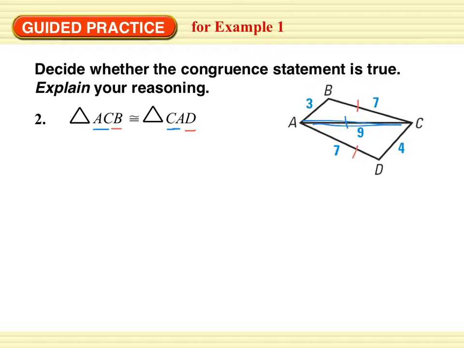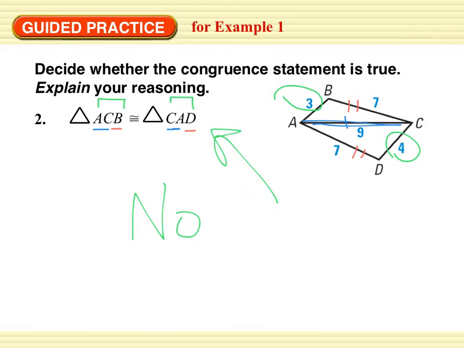So yes, that one works out. Now we're going to check the last one. If we go from A to B and then C to D, notice AB has 3 and CD has 4. Well, right there, that's failing. So AB is not congruent to CD. So we would say, no, this triangle is not congruent. This congruency statement does not work.